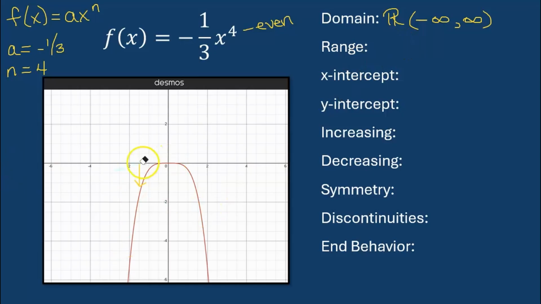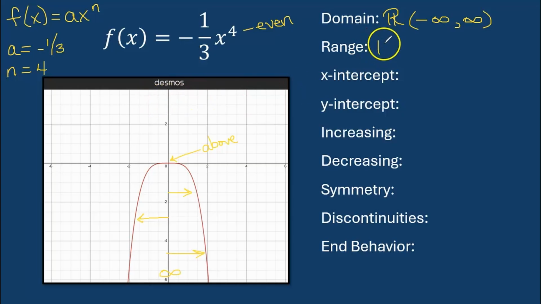Range does exactly the same thing, with one very important exception. As long as I am within the curve, the range is going to continue to exist. But as soon as I go above 0, there isn't anything up here.